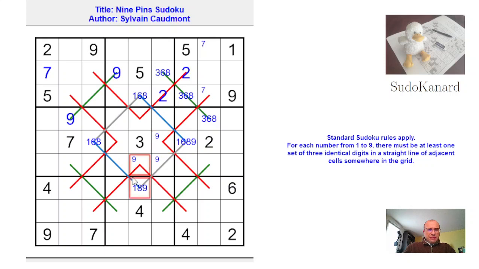So now one interesting point is that wherever I put the 9 here, it will be a repeated digit, I think. Because apart from the green lines, all the repeated lines go into the central box.